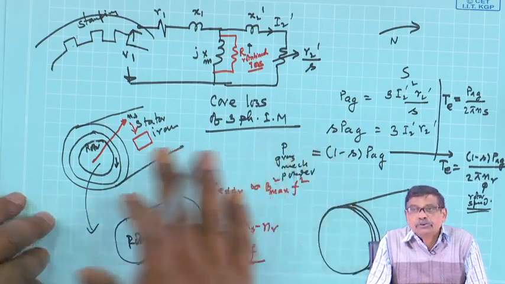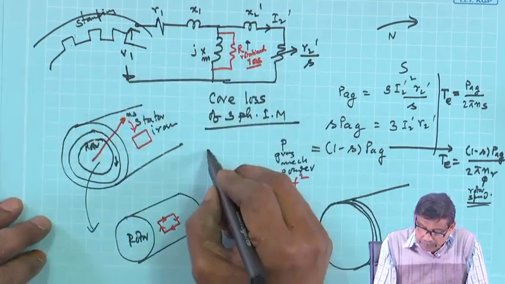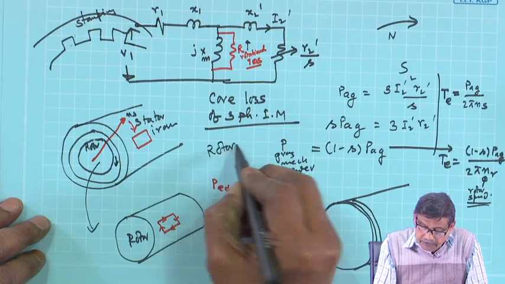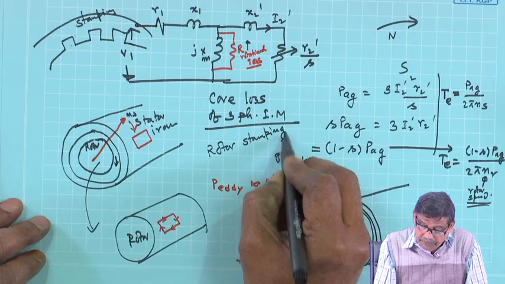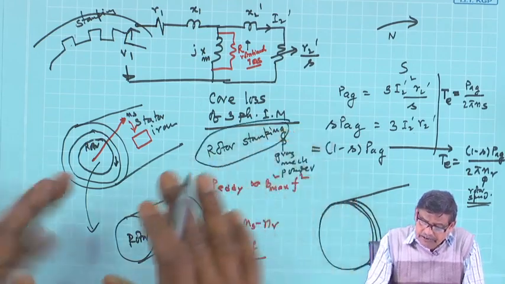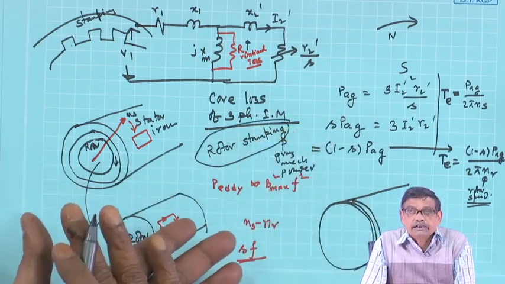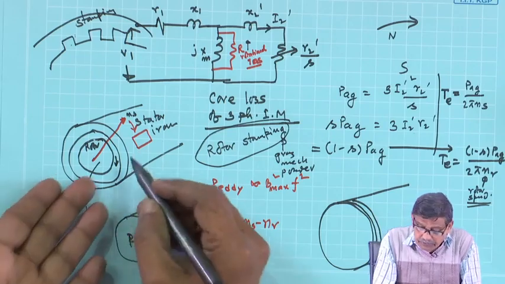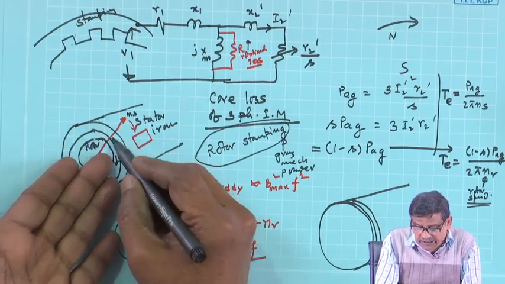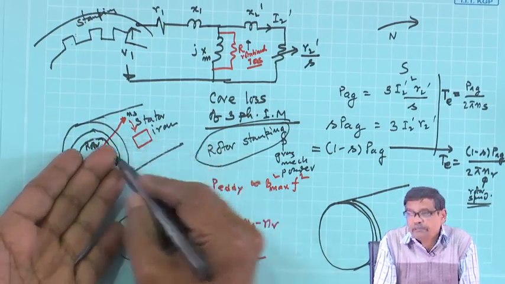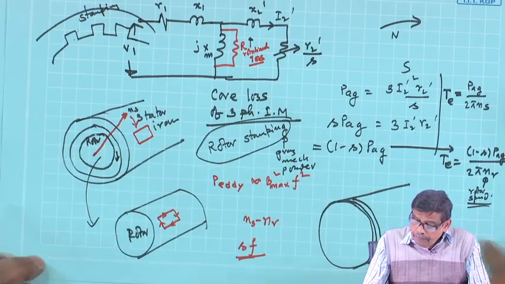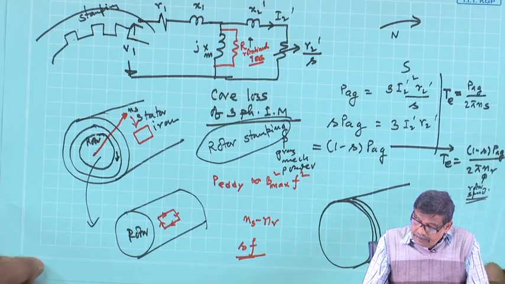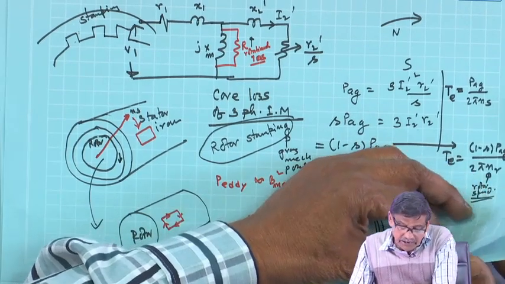Next class I will show you a stamping, rotor stamping, okay, a number of rotor stampings insulated from each other electrically. If you do not insulate it from each other, then eddy current path will remain, they will short circuit, penetrate. So, that is the thing, okay, we will use that.